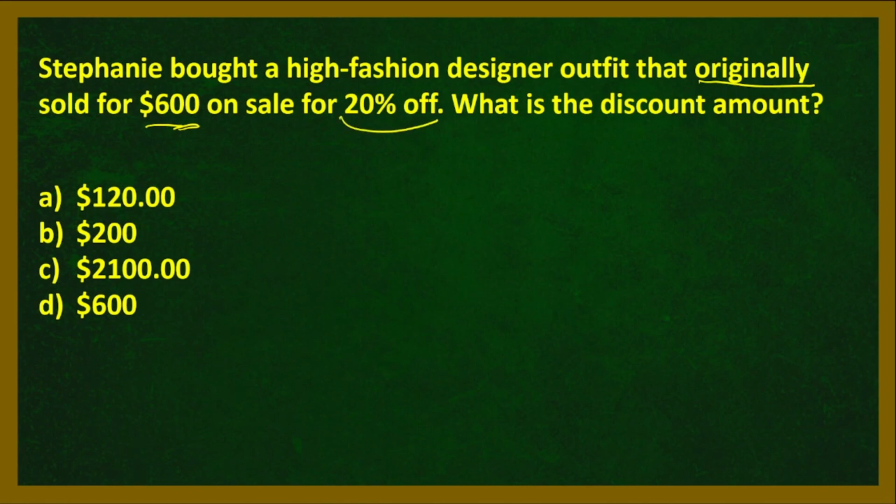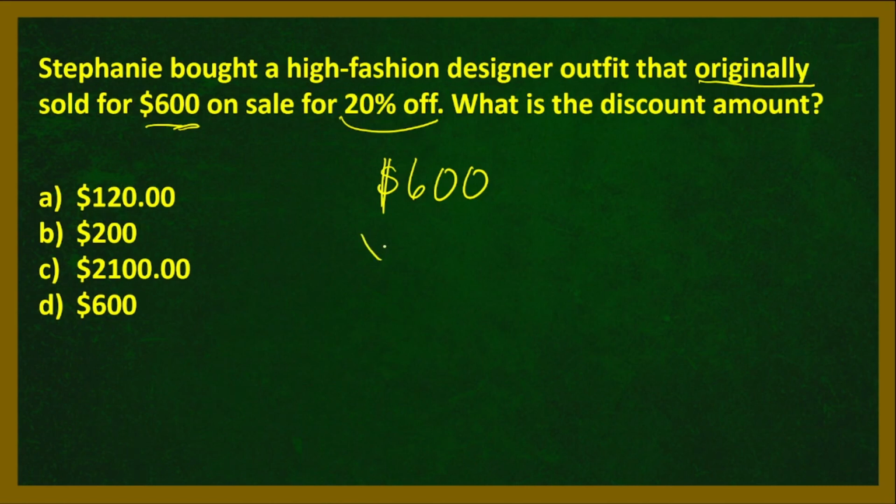We do have the percent off. So we have 20% off, so we're going to have to solve this a different way. So what we're going to do is take that original price of $600, and to find the discount amount, we're going to multiply that original cost by the discount percentage, which is 20% off.